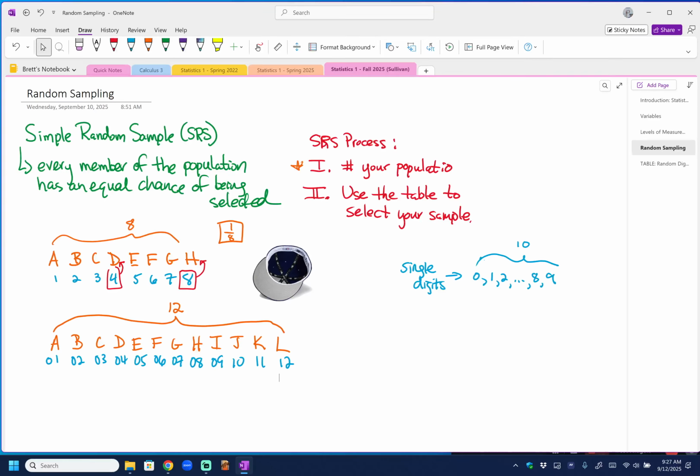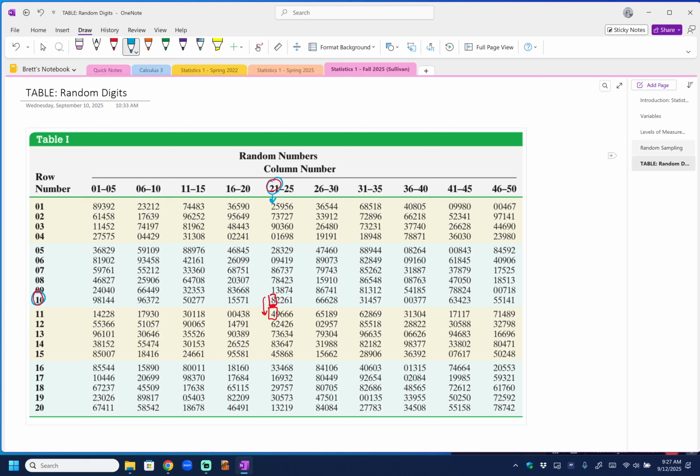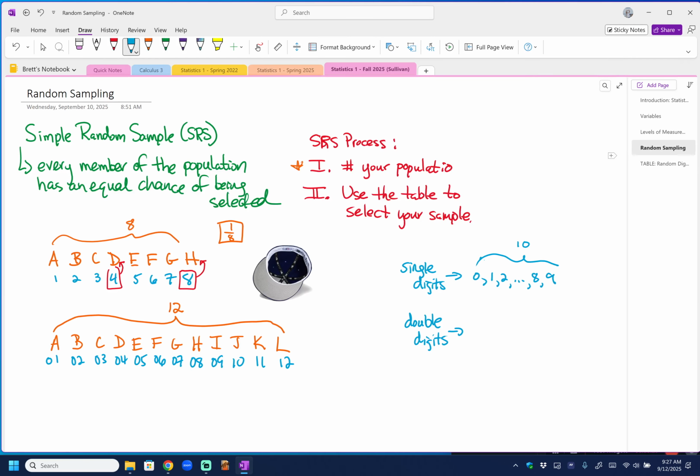Okay, so why do we need to use double digits for these single digit values? Well, let's take a look. We already said that there are 10 single digit numbers. So therefore, if you want to find the probability of going into your random digit table and selecting a single digit number, it would be a selection of 1 out of a possible 10.